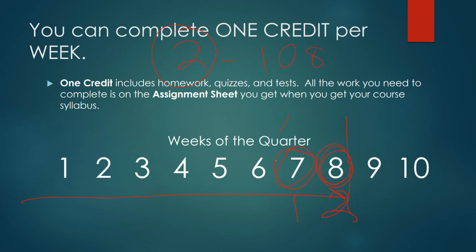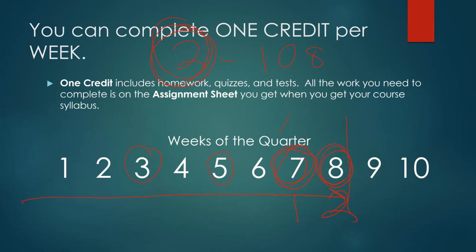Of course, I always encourage students to start sooner. For example, if we are in week 3 of the quarter, it's always best to start credit 1 right now, finish credit 1 perhaps in week 5 or 6, and start credit 2. But the reason that we're making this presentation is because a lot of students procrastinate or wait until the end of the quarter. You need to understand very clearly that if you are registered for 2 credits, you cannot wait past week 7 if you're going to complete 2 credits.